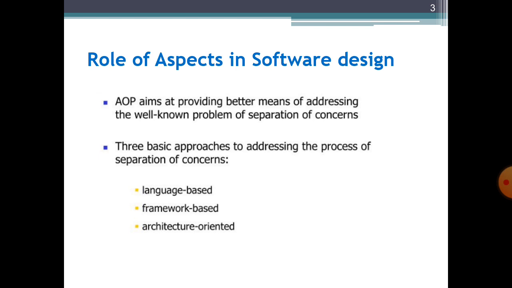So this architectural approach is more important as compared to the other two approaches, because it involves a viewpoint at a higher level of abstraction, which gives a better understanding of what we are going to build in the detailed design with respect to aspects involved in software design.